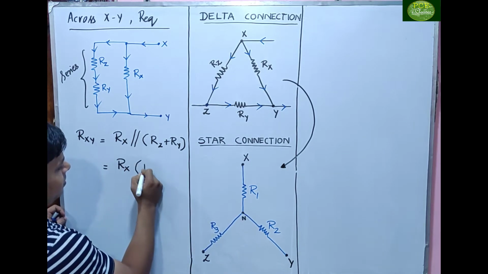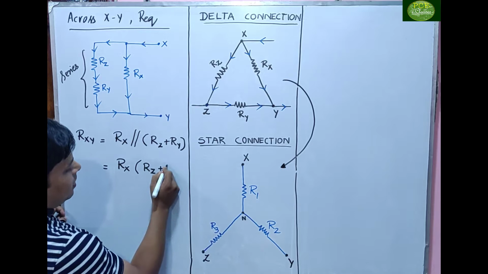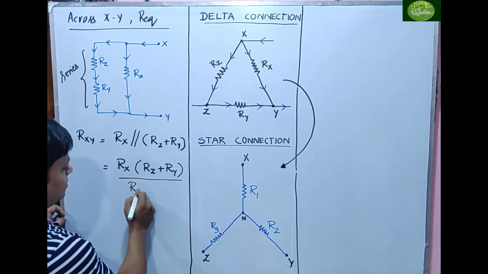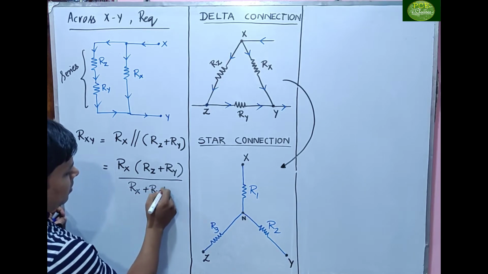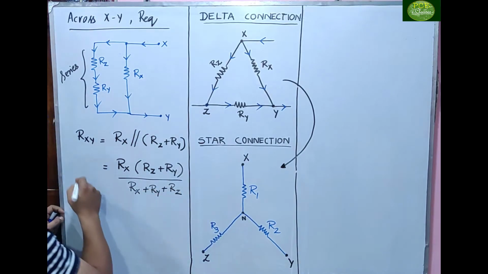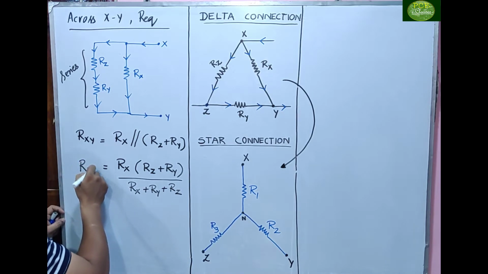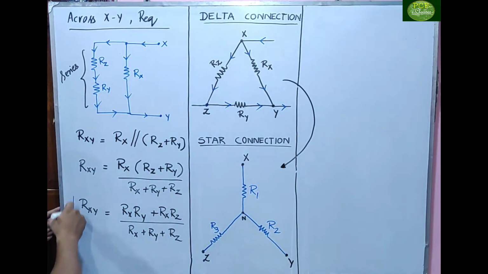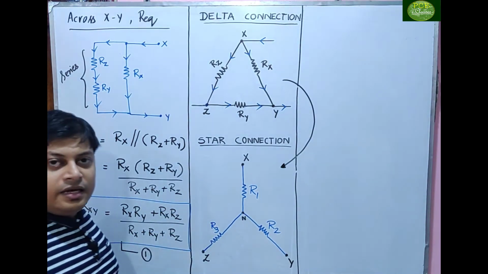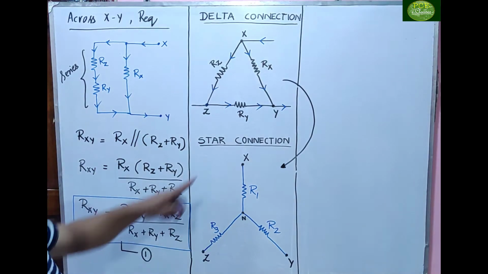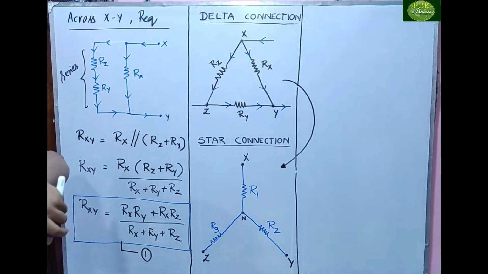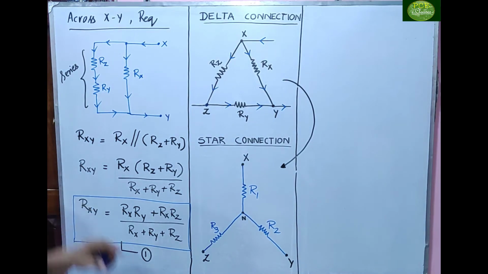RX multiplied with RZ plus RY divided by RX plus RY plus RZ. This will be my RXY. Clear? Is it clear? For the delta connection across XY. Fine? Make a note of it.